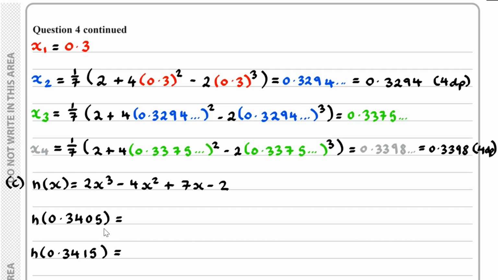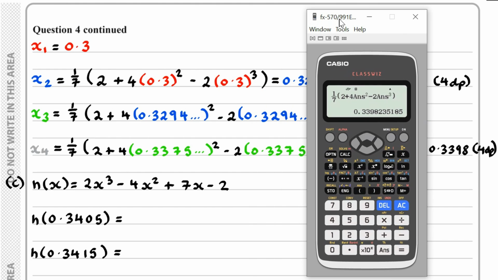And of course, once we get a change in sign, we can therefore conclude that alpha is equal to 0.341 in between these values here. So let's work out h of 0.3405.